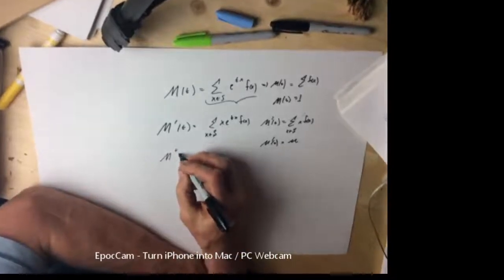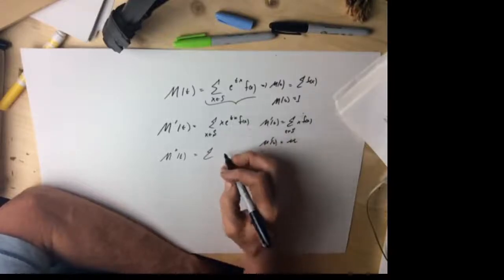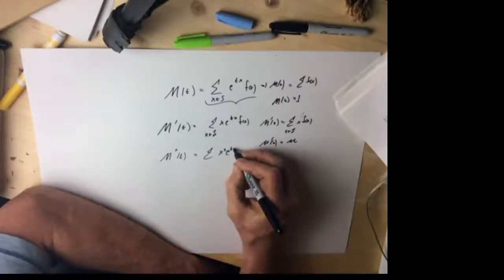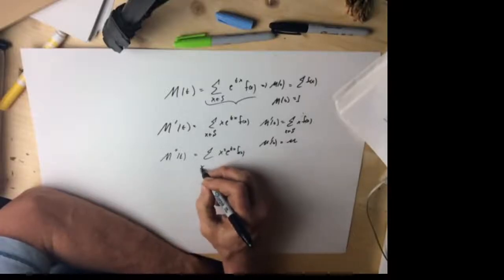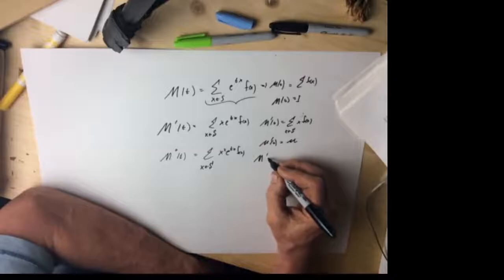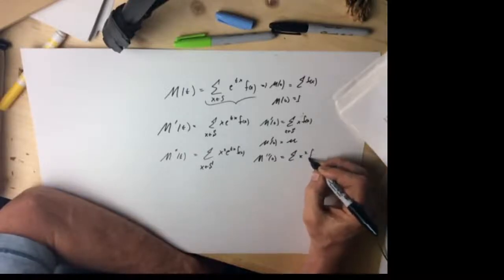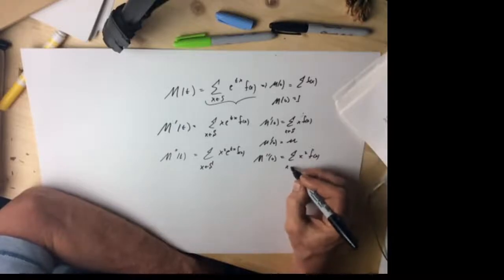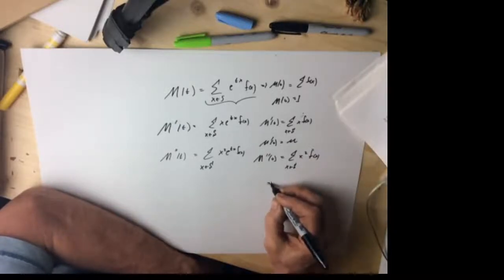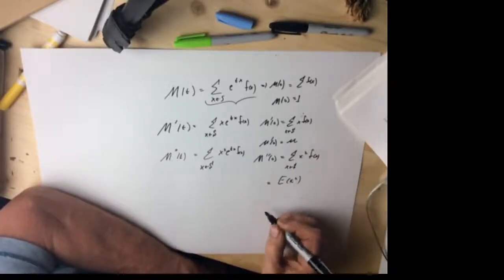Now, the curious thing is when we do m double prime, we take another derivative, we get x squared in the front. And when we plug in 0, m double prime of 0 is the sum of x squared f of x, which is the second moment, the expectation of x squared.